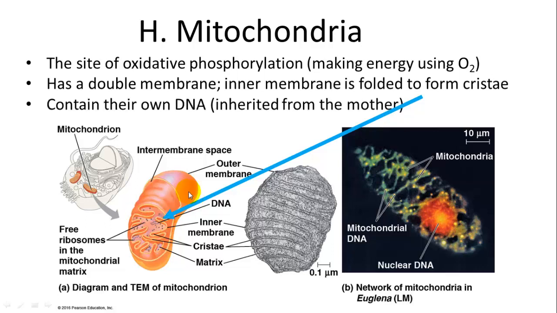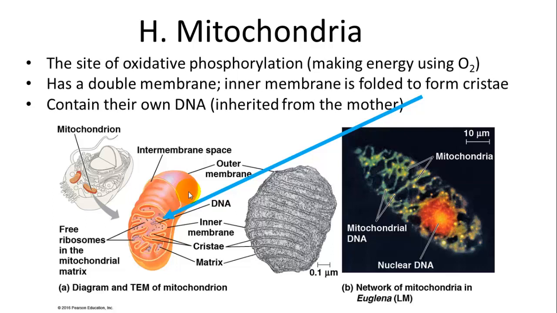They have their own DNA, and so they can actually reproduce themselves, and their DNA is important for their individual function. You then inherit your mitochondria from your mother.